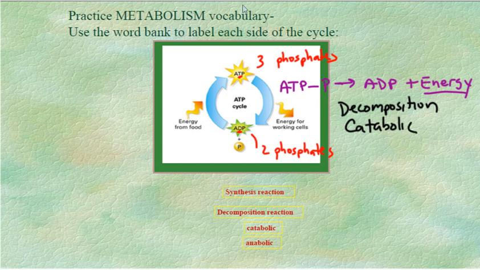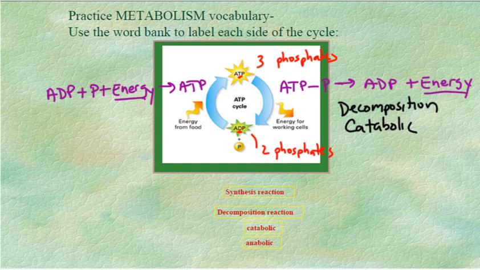On the other end, we have ADP plus a phosphate plus energy, and this gives us ATP. Notice energy is a reactant. Energy is a requirement to make ATP, adenosine triphosphate. We are building up.